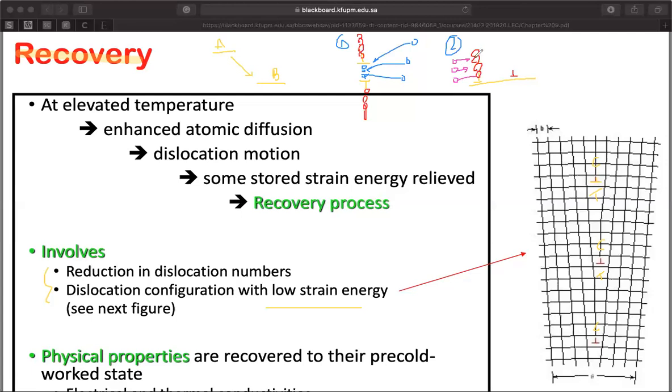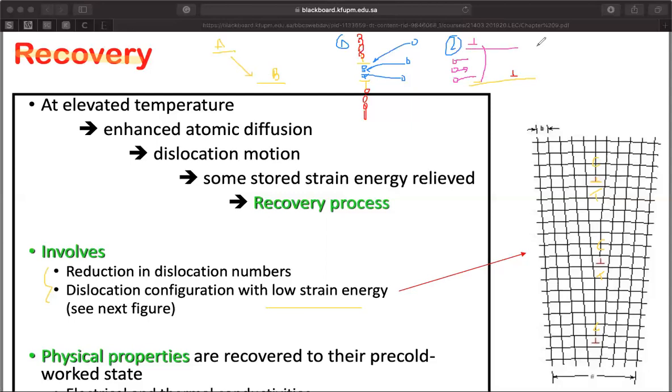And if a vacancy diffuses here, then if you have a vacant position here, what we have done to the dislocation, actually, is push it to the top. So now the dislocation becomes here, where you've got underneath it a vacancy, right? So we let the dislocation climb from one plane to another plane.